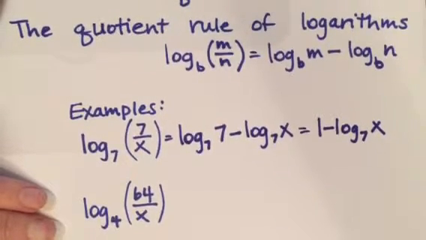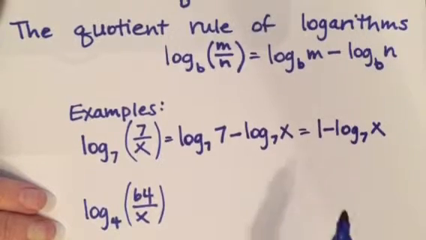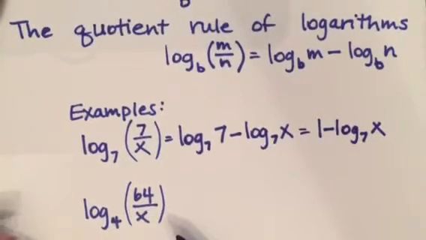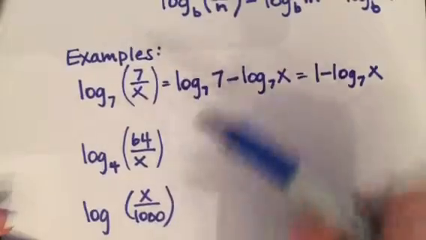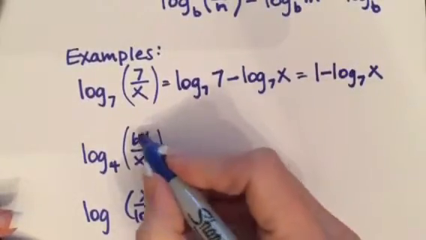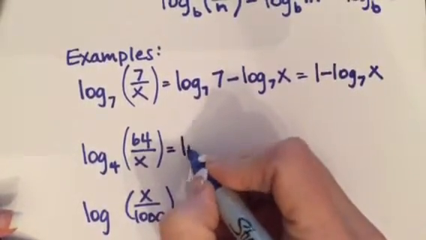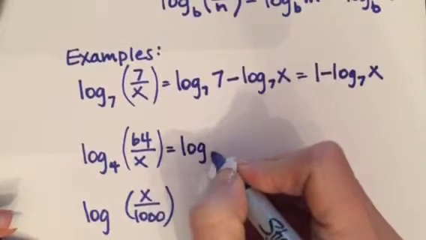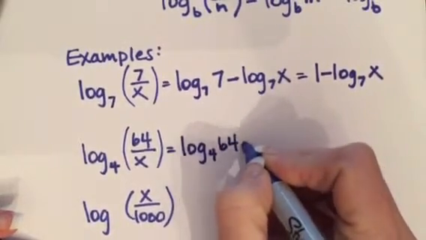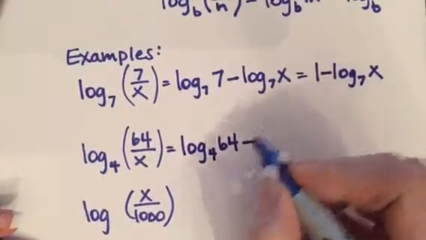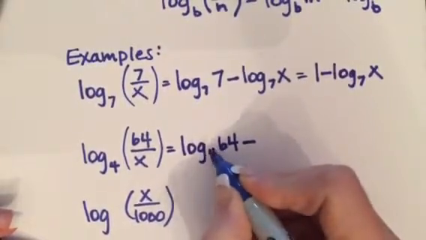Okay, so we continue this idea with the next example, log base 4 of 64 divided by x. Okay, and again we see a quotient, so we can separate this into 2 different logs separated by a subtraction sign. Notice the numerator is the positive piece.